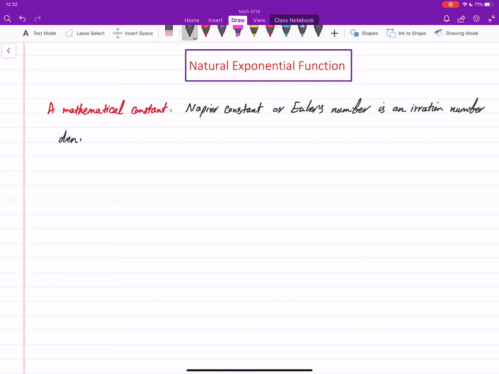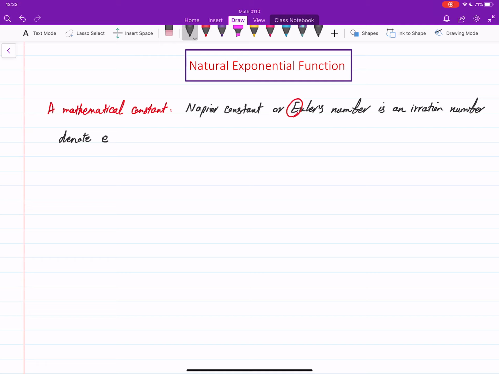We have a name for that. You remember there are other mathematical constants like pi. You choose a name, a notation for that. It was pi, Greek letter pi. Here we denote it by e, and well, you may say why.